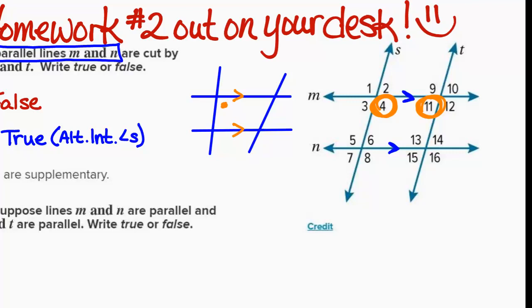So looking at this angle and this angle, they only touch one of my parallel lines. They don't touch both parallel lines. And they touch two different transversals. So this one's actually false here.